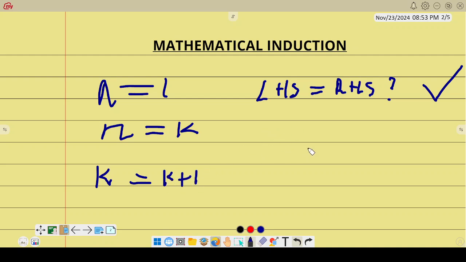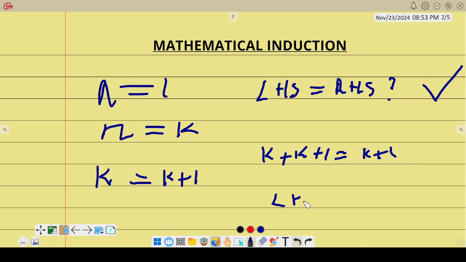So on the left hand side, you put your k, followed by k plus 1. And on the right, wherever there is k, you put k plus 1. And then again, you check.